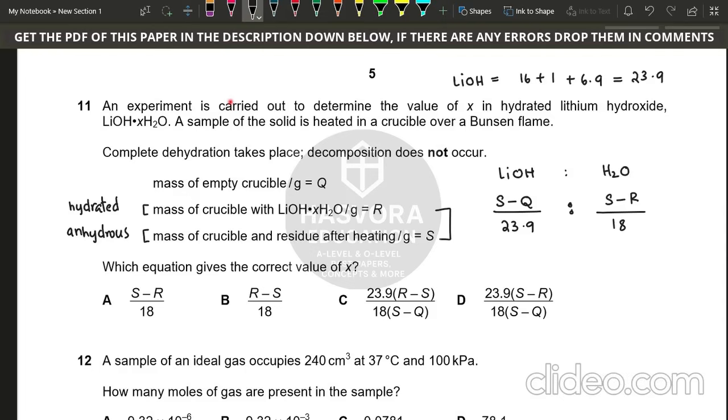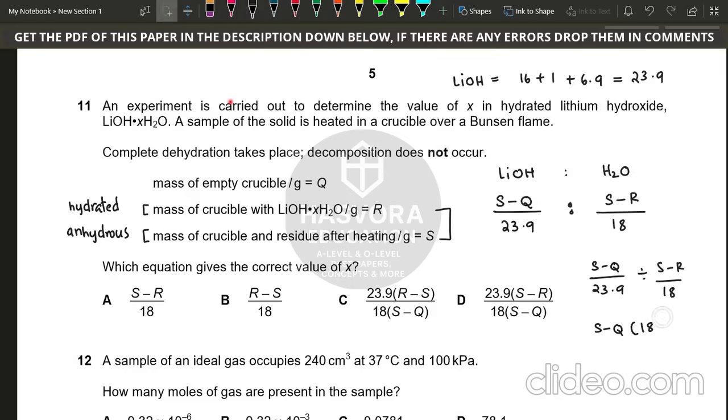Okay, for example, if I write 1:2, I can also write this as 1/2. Okay, so now I'm going to write this in fraction form. So this will be S minus Q divided by 23.9, and this will be divided by S minus R divided by 18.